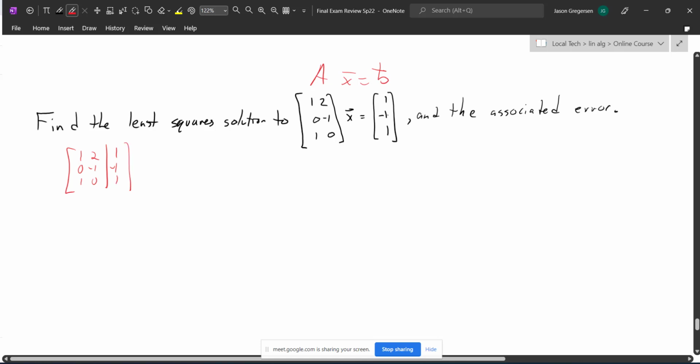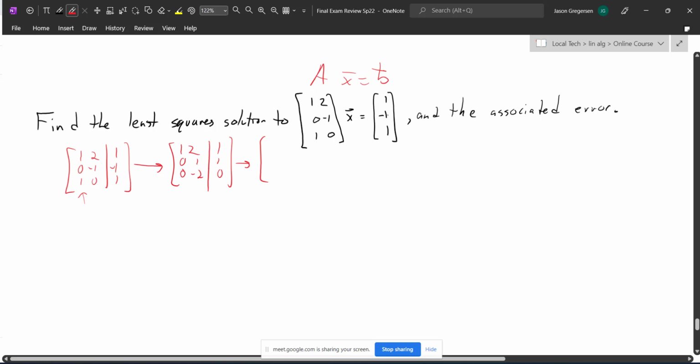But if I tried to set up my augmented matrix and do my row reduction, I would come over here and I would go 1, 2, 1. I would do row 3 minus row 1. I would get 0, minus 2, and 0. 0, negative 1, negative 1. I would probably multiply the second row by negative 1.